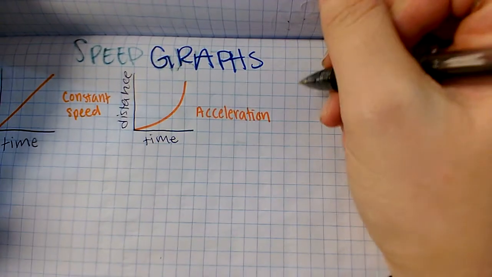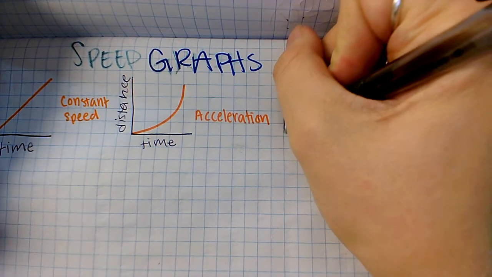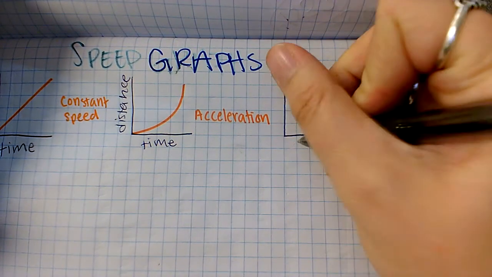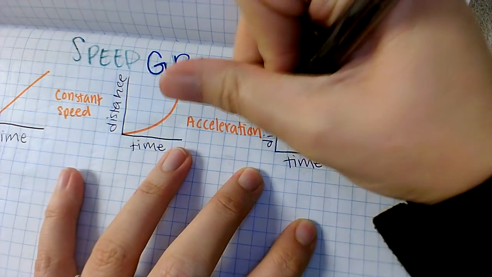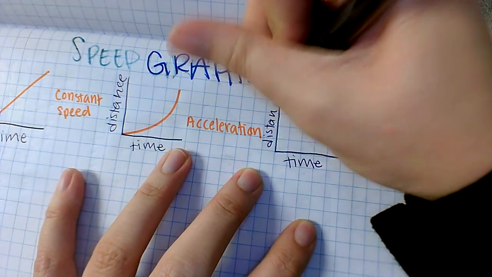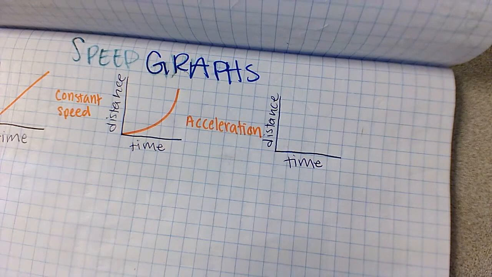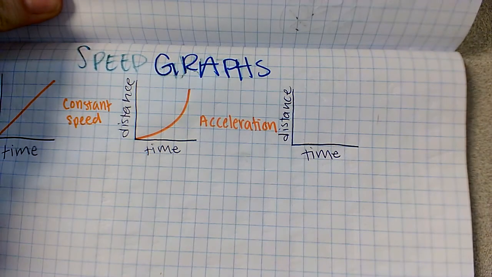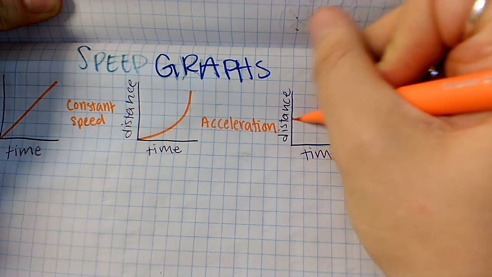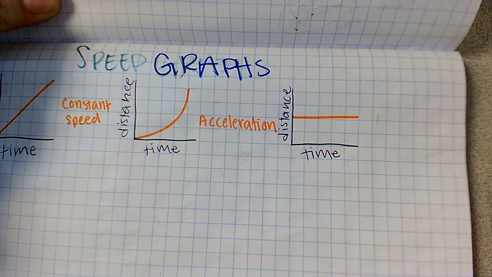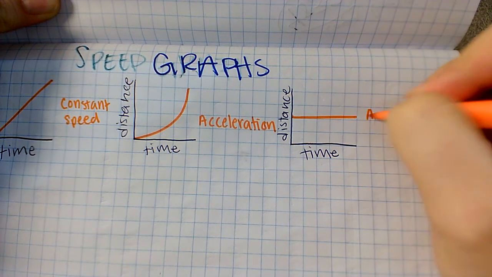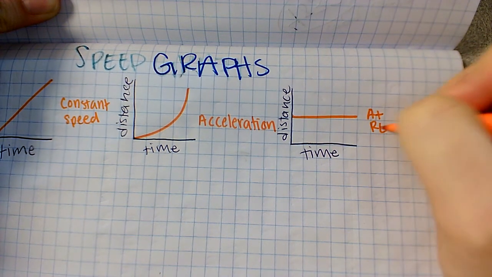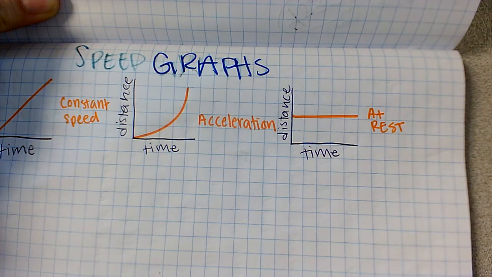Alright, so the next one, which is still a distance over time, because remember, when you do speed, you're dividing distance over time, right? Alright, so this one's showing that it is at rest.